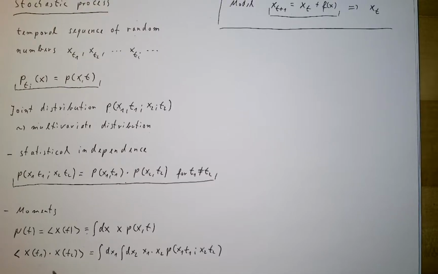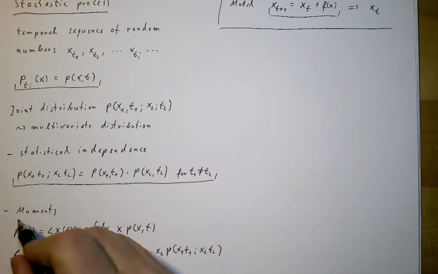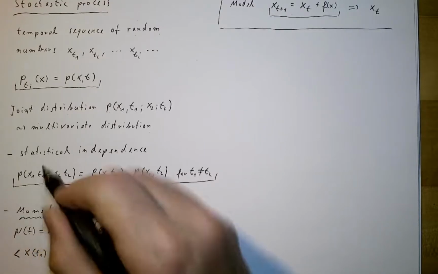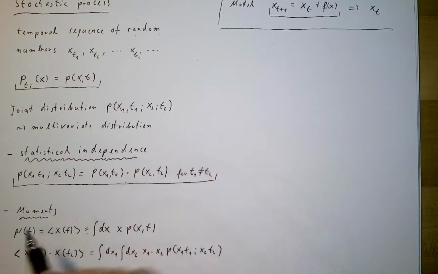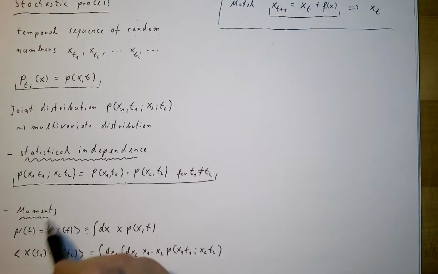But then we have seen also in the last lecture that this is not really the most fundamental property or object that we are interested in. We are usually interested in the covariance.